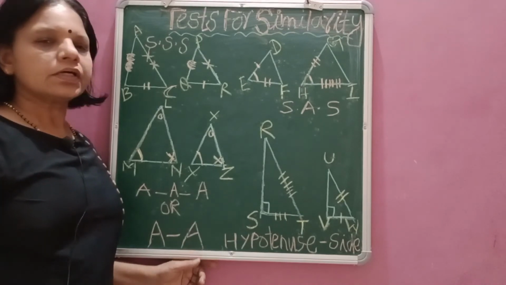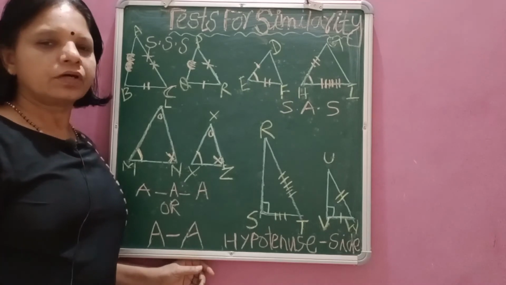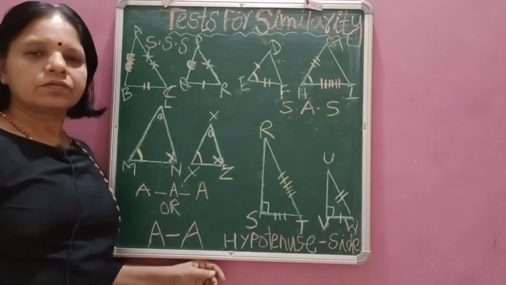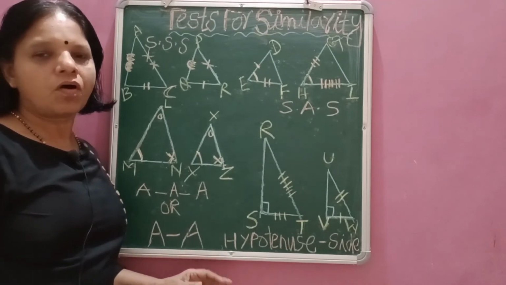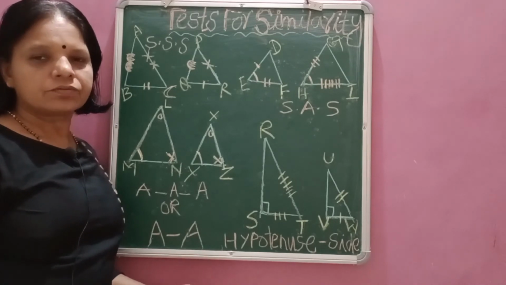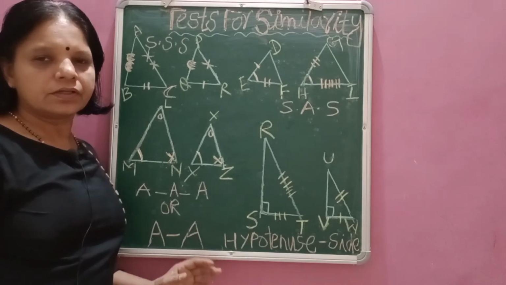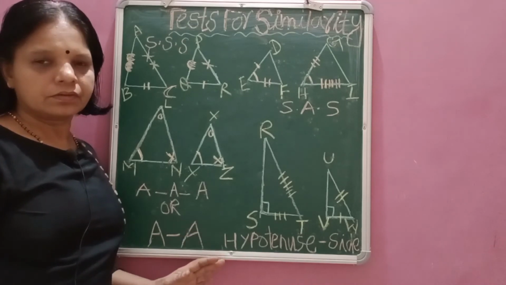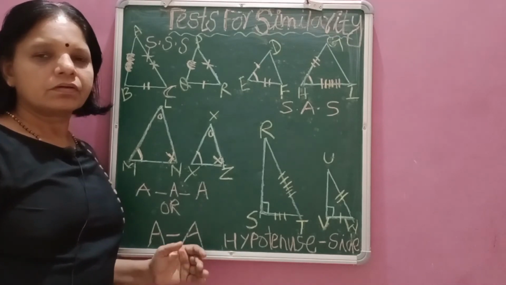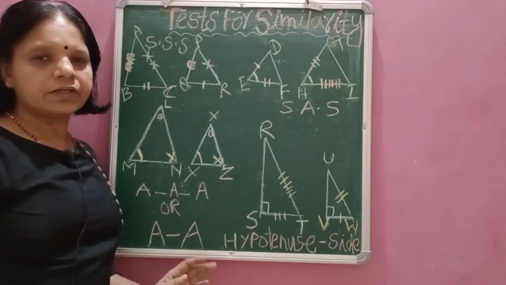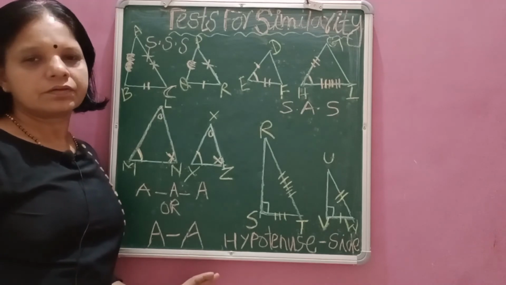So these are the tests for similarity of two triangles. So what is a test of similarity? The sufficient condition for testing similarity of two triangles. Actually, necessary conditions there are 6 and sufficient conditions there are only 3, and the remaining conditions will be automatically satisfied if these 3 sufficient conditions are satisfied.